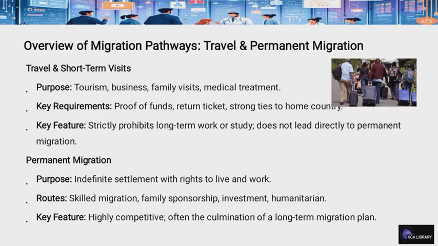And for permanent migration, the purpose is indefinite settlement with a right to live and work. Routes to attaining this include skilled migration, family sponsorship, and investment or humanitarian services. And the key features include that it's highly competitive and often the culmination of a long-term migration plan.